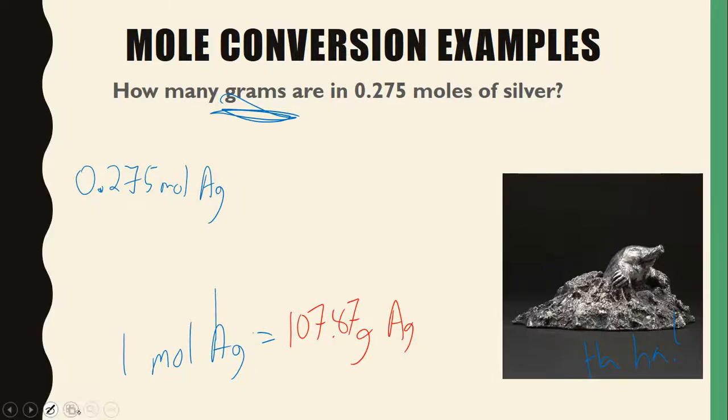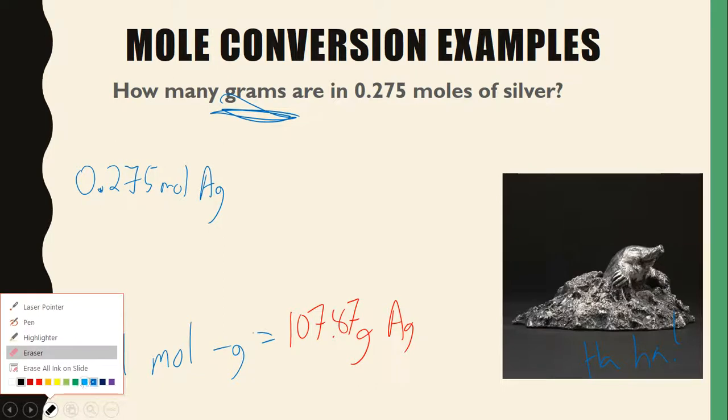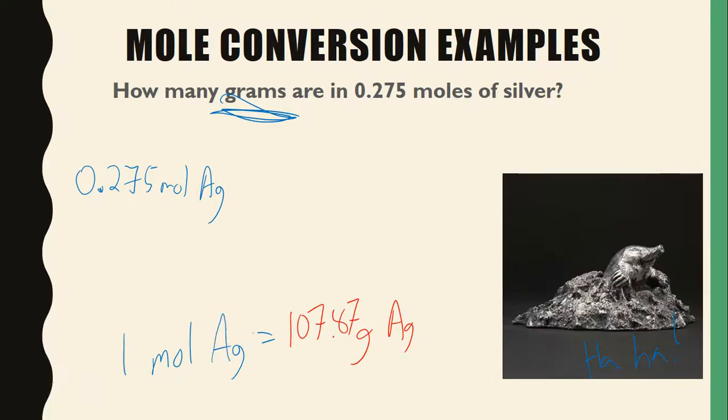Okay, AG. So we're going to start here with our little scaffolding or dominoes or whatever you want to call these. And since we're trying to cancel moles of silver, we're going to want moles of silver in the denominator.